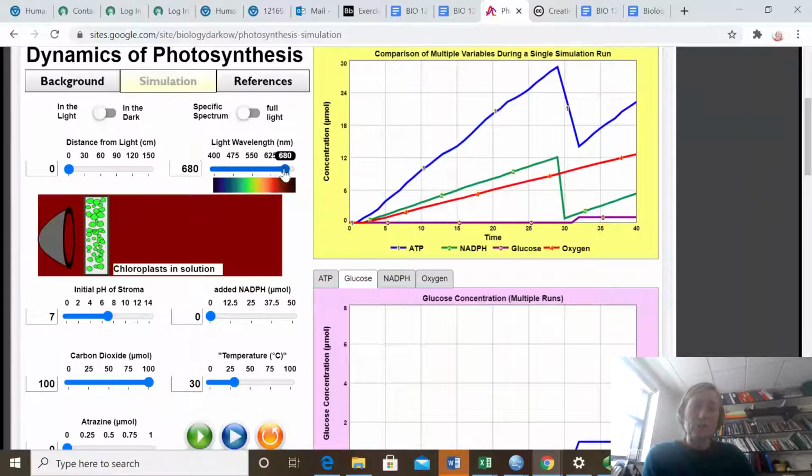Then you have to change the wavelength. Like I said, vary it all the way from 400 nanometers to 700 nanometers, but pay specific attention to that small set of wavelengths in the kind of bluish to green range, mostly bluish range. Maybe you'll do like 465 or something like that.